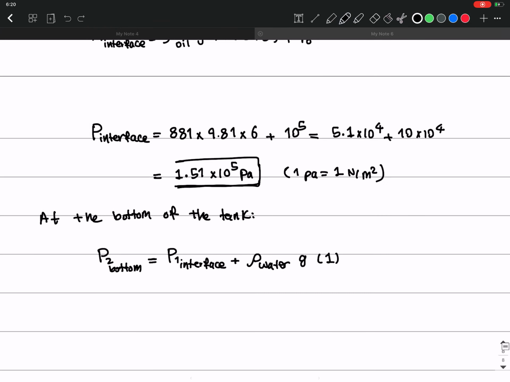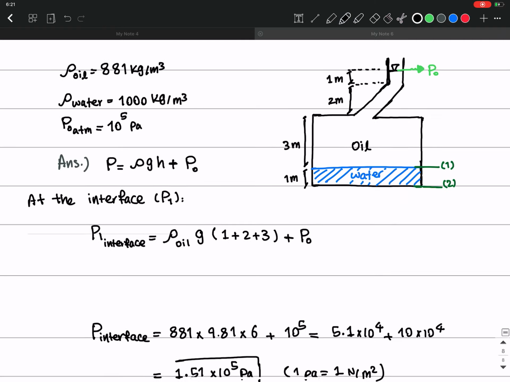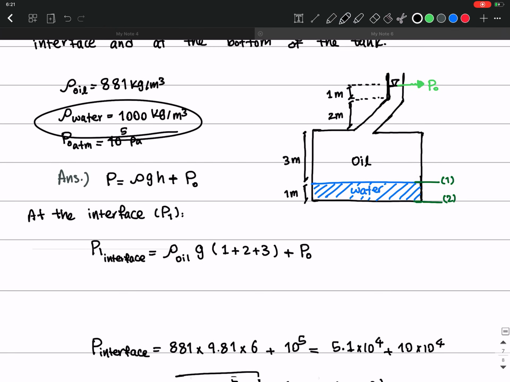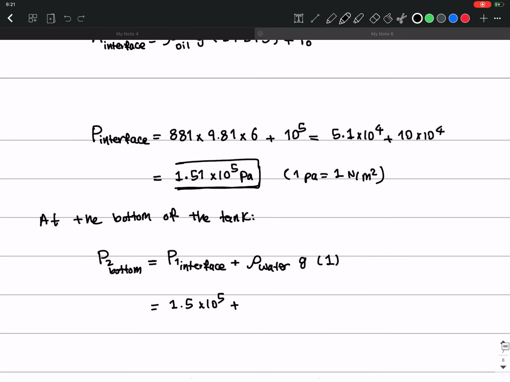If we calculate it, we get 1.5 times 10 to the 5, which is the P1 interface, plus rho water, which is 1,000, times g times 1, which is 0.98 times 10 to the power 4.